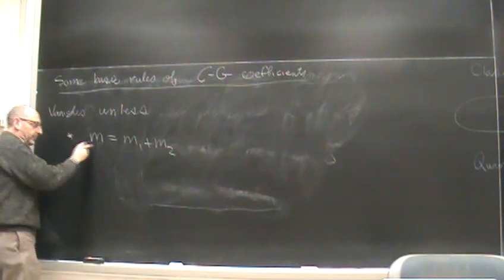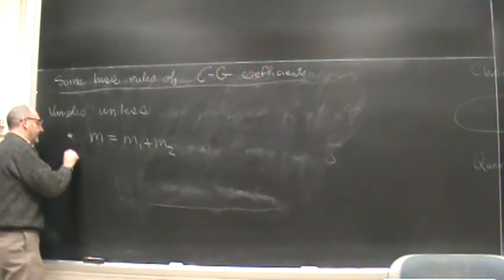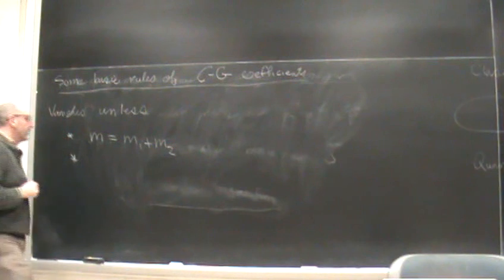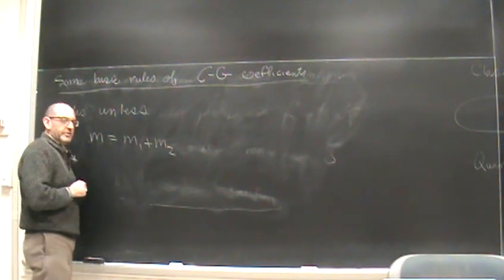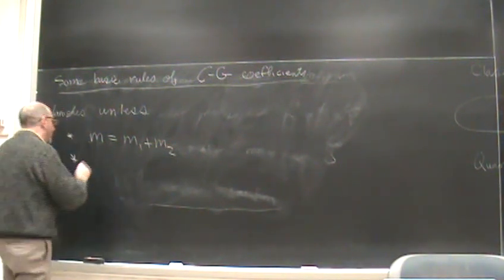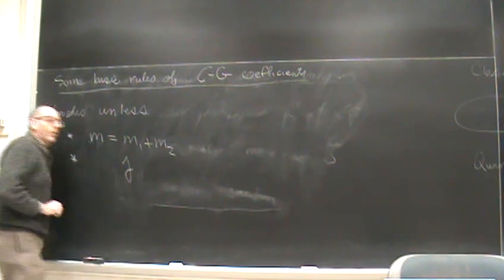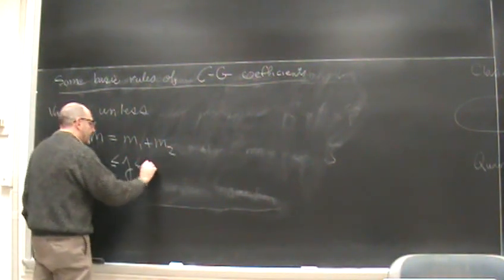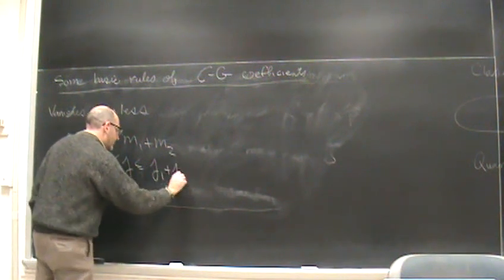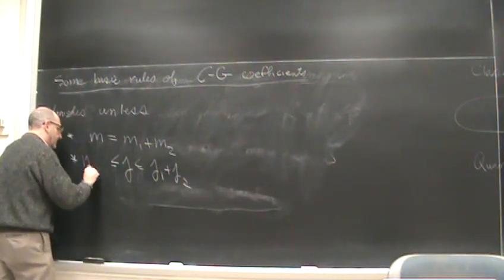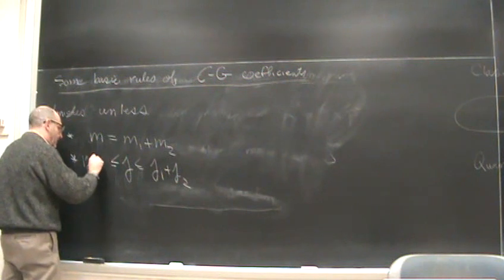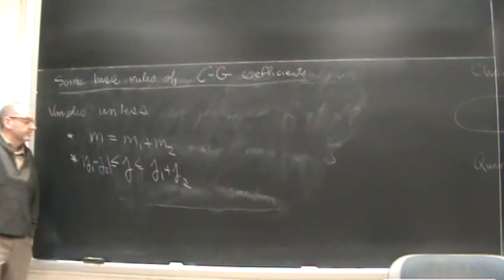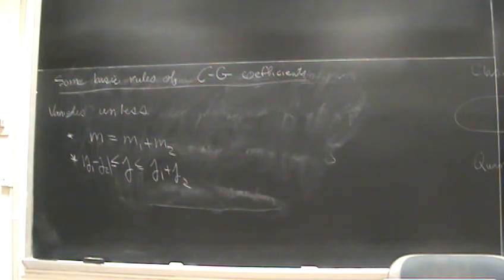The other one, and I'll do that in a moment, is not as easy to prove, but we will do a sort of shorthand on it. And that is that the total angular momentum J lies between J1 plus J2 and the magnitude of J1 minus J2. Okay.